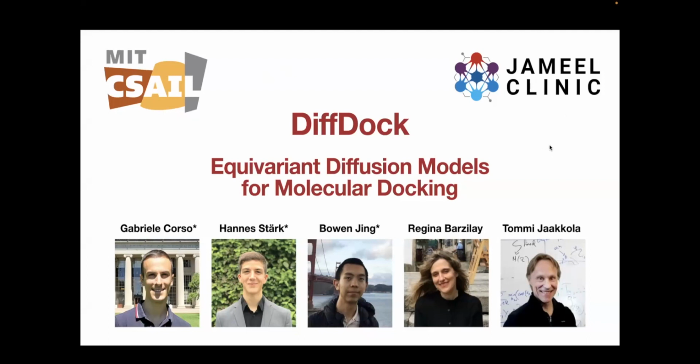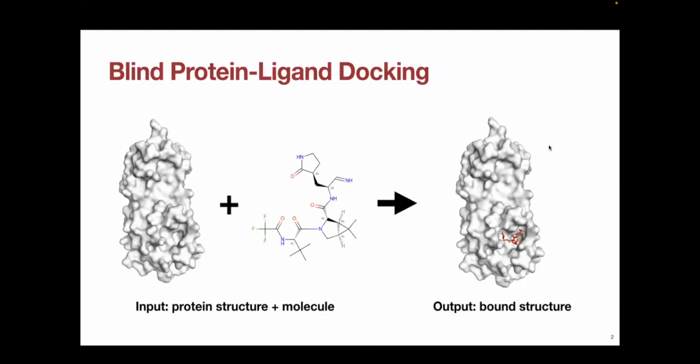Okay, then let's get started, because the inputs and outputs are very simple. As input, we have the 3D structure of a protein and the 2D chemical graph of a small molecule. So of the small molecule, we do not know the 3D structure yet, and we do not know the 3D structure with respect to the protein. For the protein, we have the whole protein as input, and we're not considering the pocket-level docking scenario where we maybe have a bounding box of some pocket that we already know.